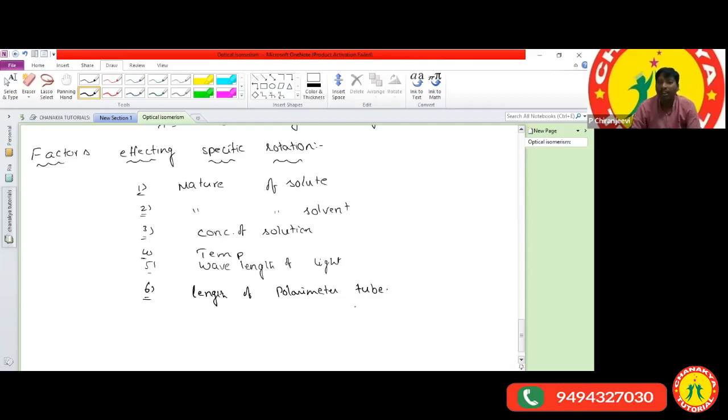So all these factors affect specific rotation.